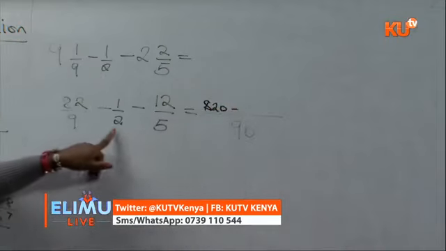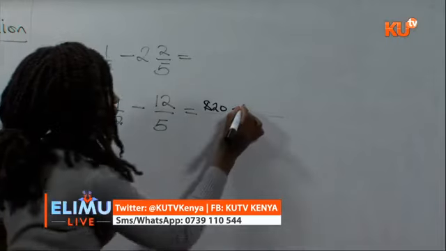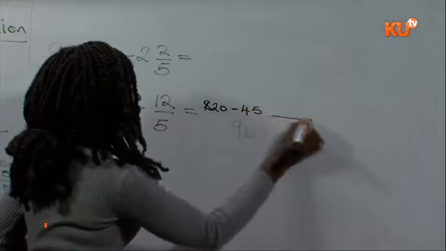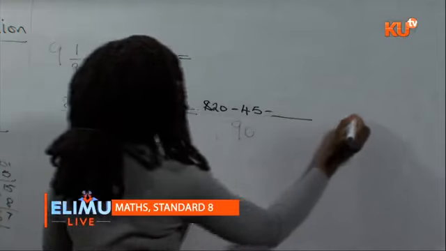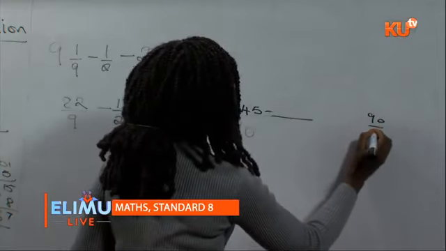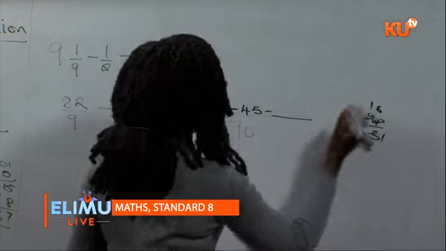Minus 90 divided by 2 is 45. 45 times 1 is 45. Minus 90 divided by 5 is 18.